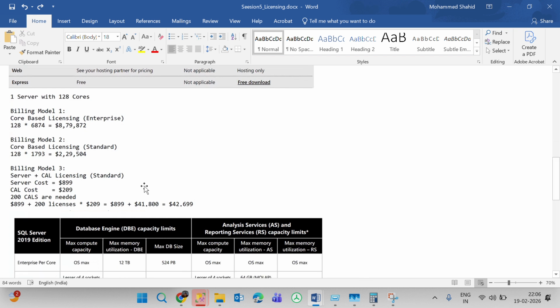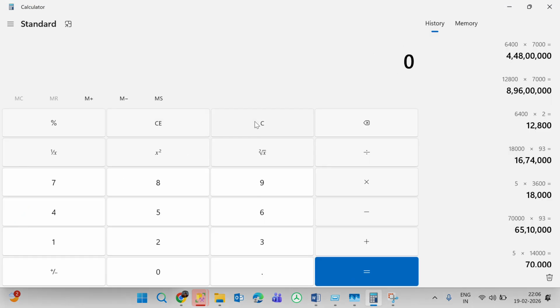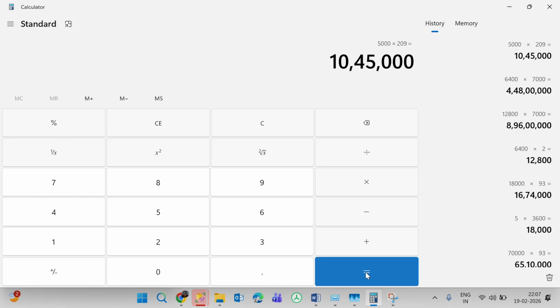And for example, let's take another scenario for billing model 3. If we have 5,000 users, not servers, with CAL licensing, 5,000 users into 209 per user is equal to around 10,45,000, plus 899, which is the server cost.